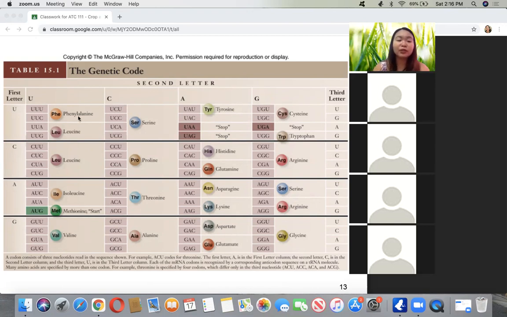So what is the genetic code of phenylalanine? So this is UUU and UUC, no? Because you pair U here and U here and then C here, so it becomes UUC. And also serine, it has U, U, and then C, and U. Can you follow me?